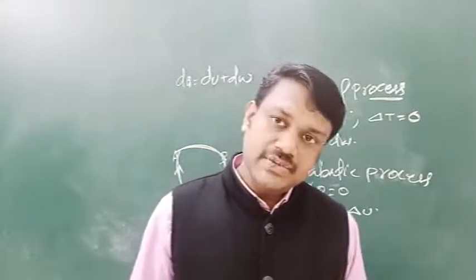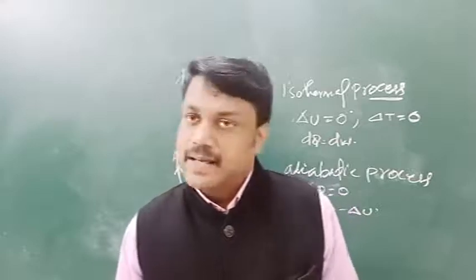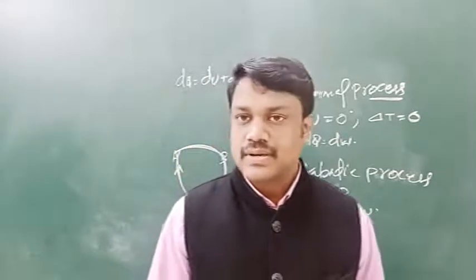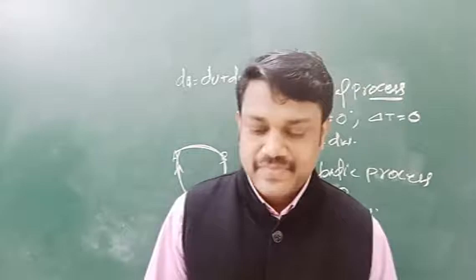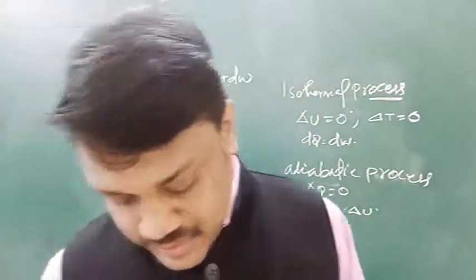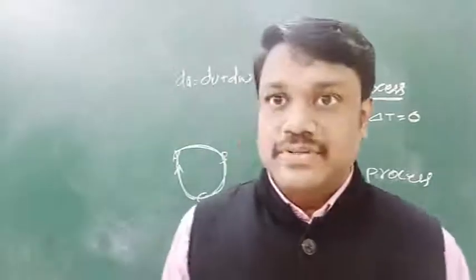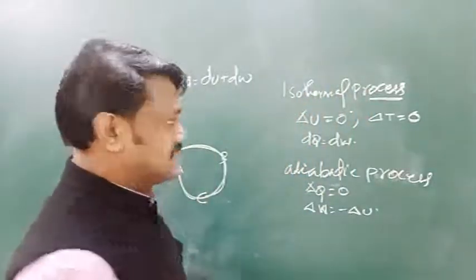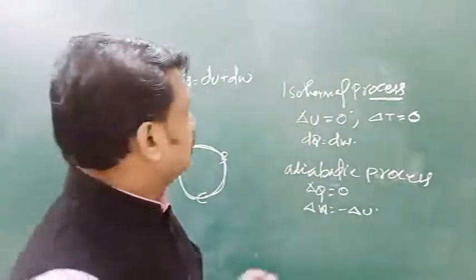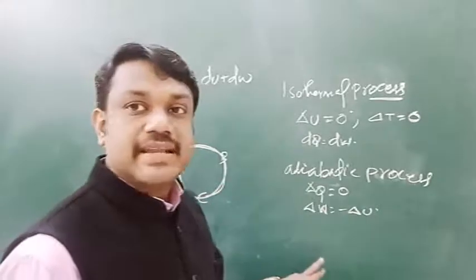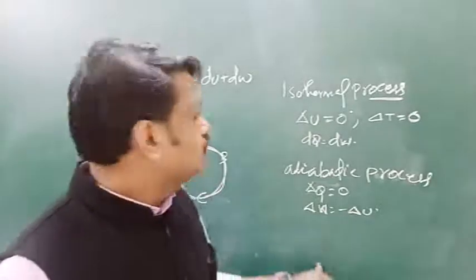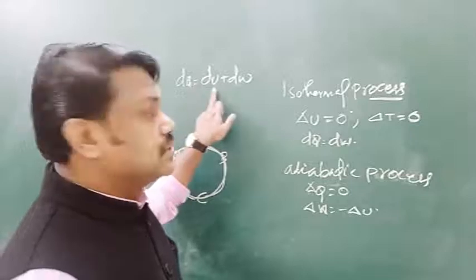So delta Q is 0, delta W is also 0, so obviously delta U also remains 0. One more thing, isochoric process. Isochoric process means the volume remains constant. If volume remains constant, dV remains 0, PdV will become 0, so dQ is equal to delta U.